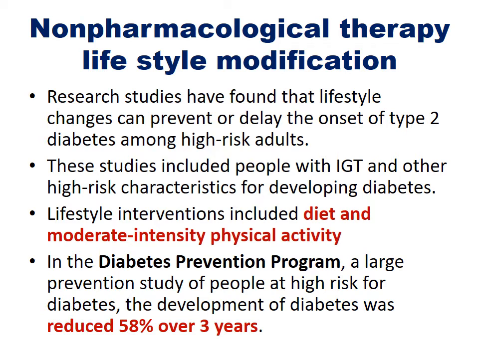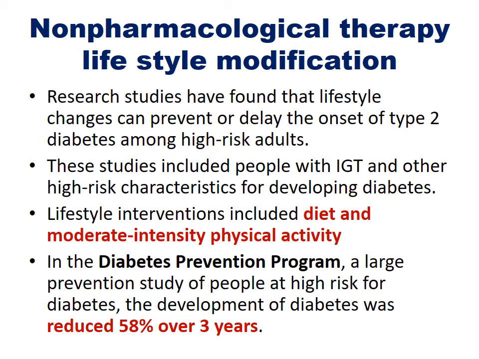Non-pharmacological therapy or lifestyle modification. Several studies have shown that lifestyle changes can prevent or delay the onset of type 2 diabetes in high-risk patients. These studies included people with impaired glucose tolerance and other high-risk characteristics.